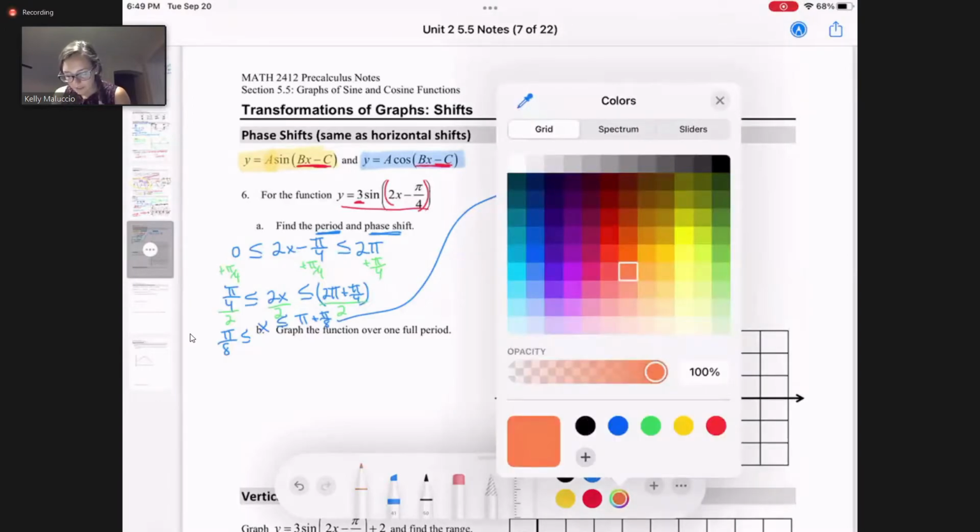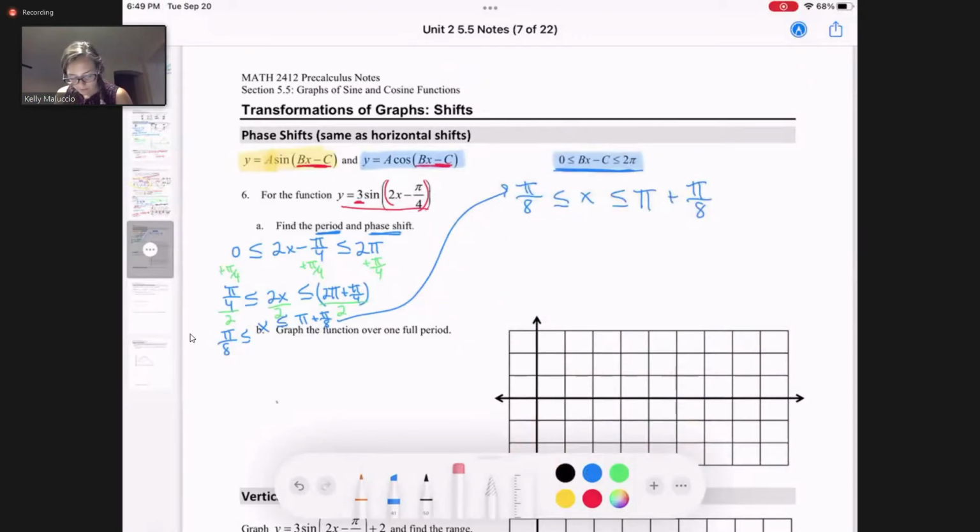So looking at this final inequality that we got here, pi represents our period. I know this is going to be weird, but this is our phase shift.